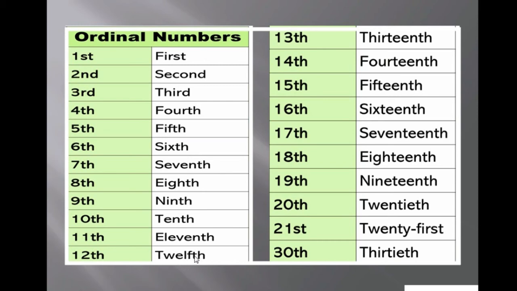So V and E تصبح F. ونستمر بنفس الشيء. هنا the 13th, 14th, 15th, 16th, 17th, 18th, 19th, 20th. So here we have the same endings. عندنا نفس النهايات، نضيف نفس الحروف في نهاية كل كلمة في هذه الأعداد.